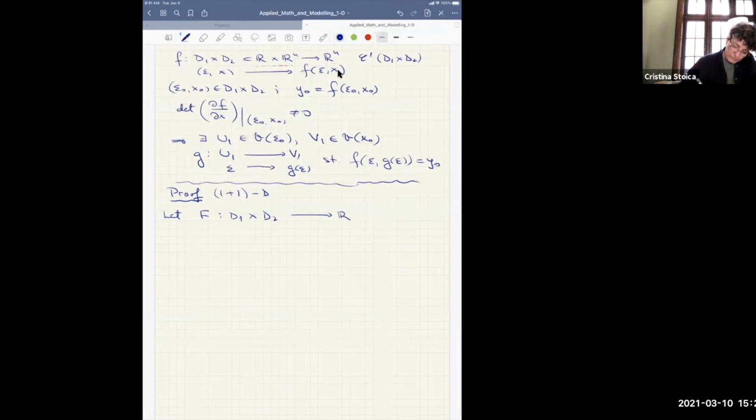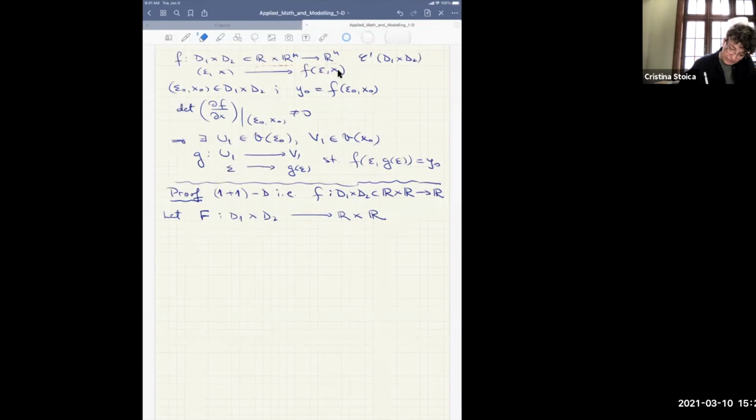Here I'm going to specify that I'm doing D1, D2 into R cross R, and I'm landing into R. So 1 plus 1 dimensions, so instead of this n here, I'm going to take n equals 1. So let f be this guy, completing the codomain.